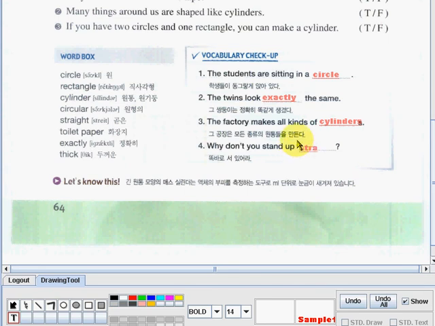It's straight. Why don't you stand up straight? Now this time, I want you to read the following sentences with its correct answers. Number 1. Very good. Number 2. Perfect. Number 3. You're right. And number 4.